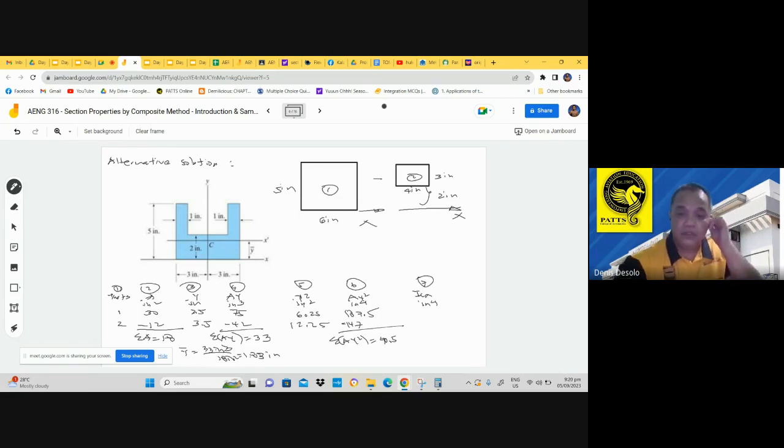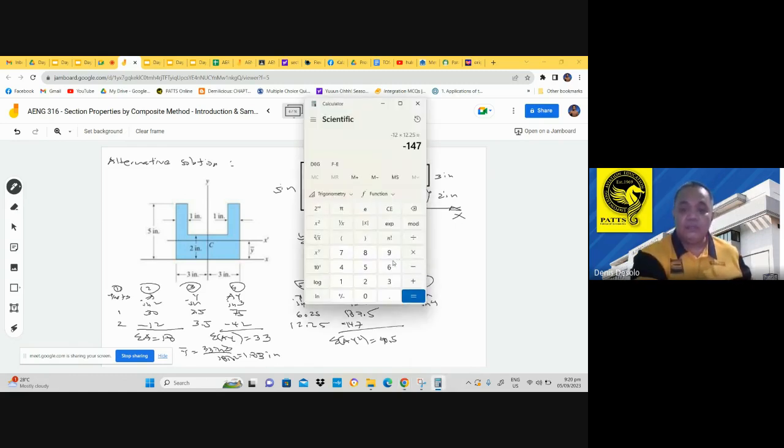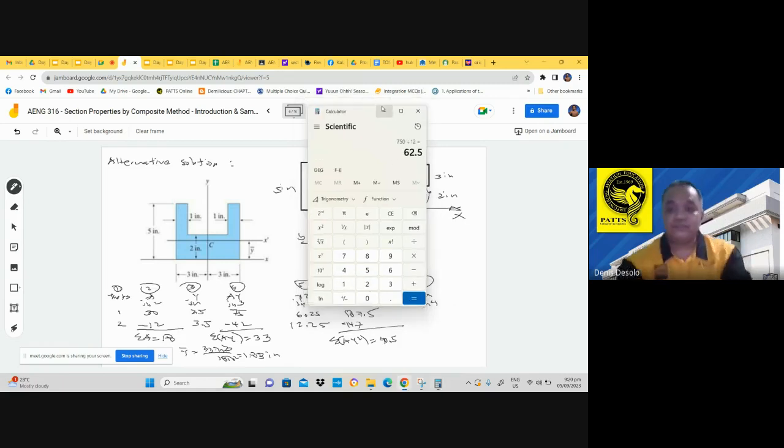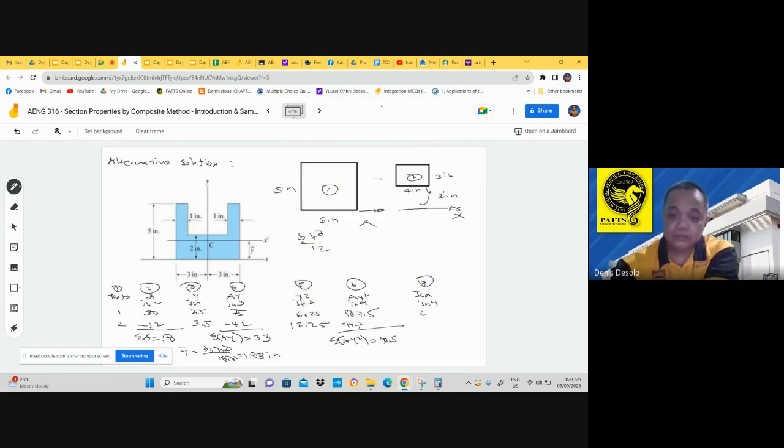And this one, of course, same formula. We use b h cubed over 12. So for the first part, we have 6 times 5 cubed divided by 12, you will get 62.5. And the smaller rectangle, 4 by 3.